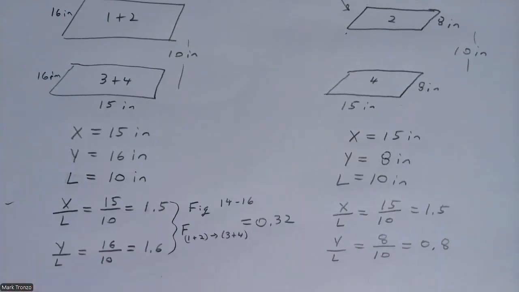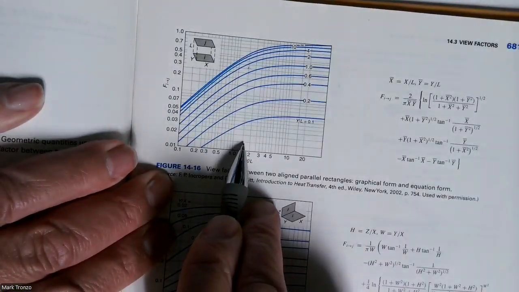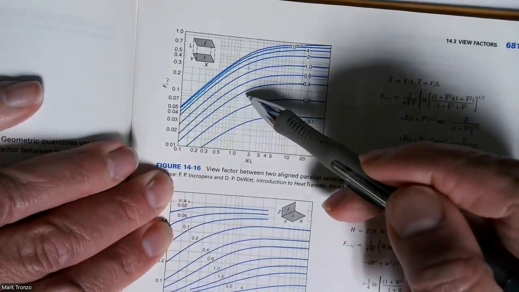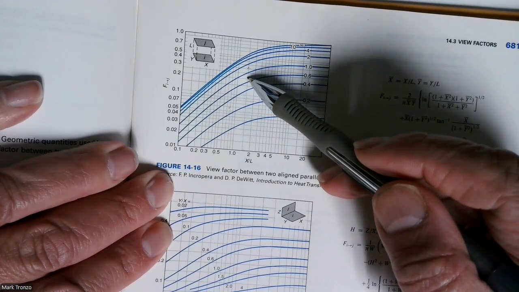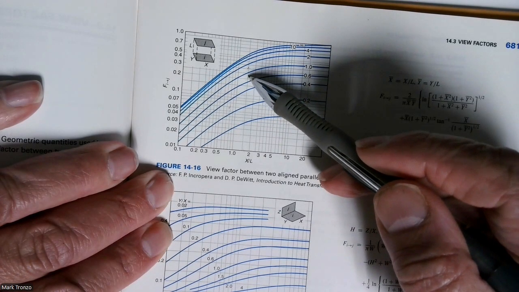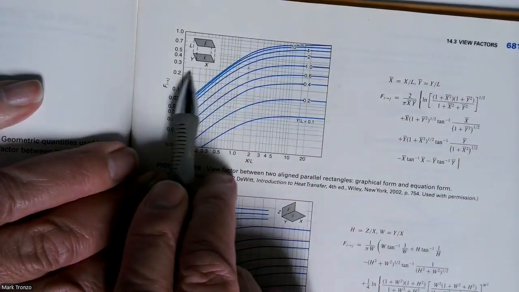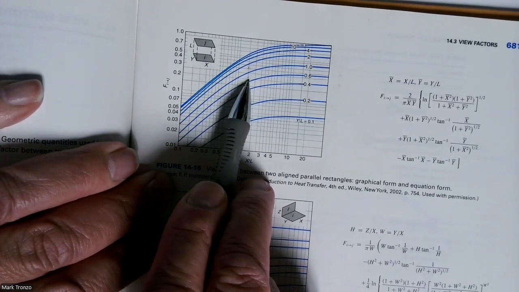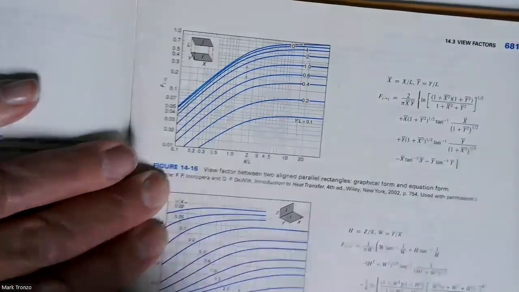Then for this one over here, 1.5 and 0.8. And 0.8 is going to be between these two. Maybe about right there. This is maybe going to be point, maybe point 22.